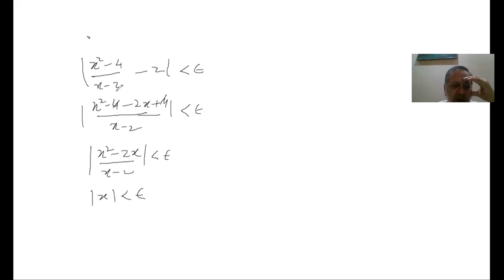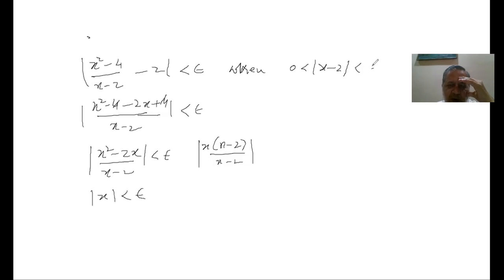Yes, I have minus 2x plus 4, 4 cancels. Because this should be like this, when 0 less than mod x minus 2 less than delta.